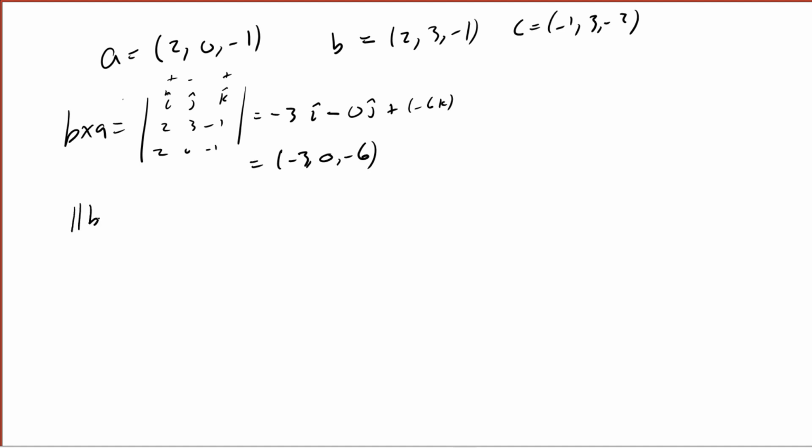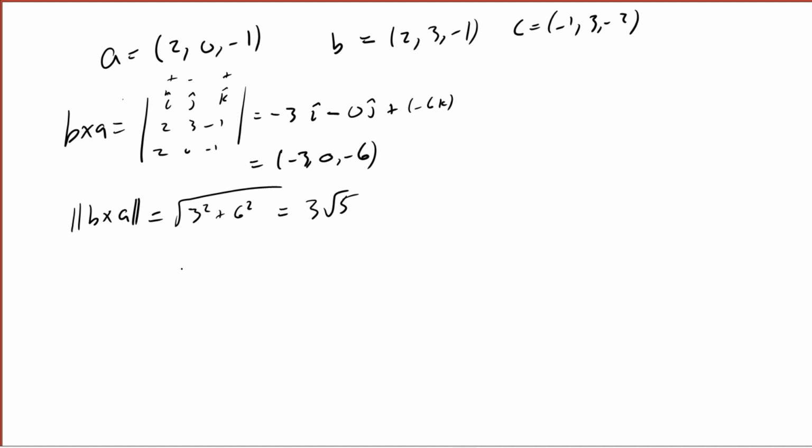So the norm of B cross A is going to be the square root of 3 squared plus 6 squared. That's 9 plus 36, which is 54. Sorry, that's 9 plus 36 is 45, which is 3 root 5.